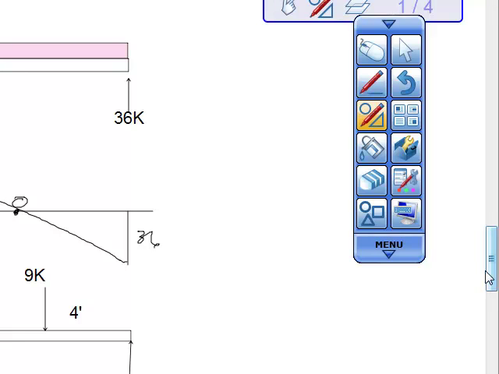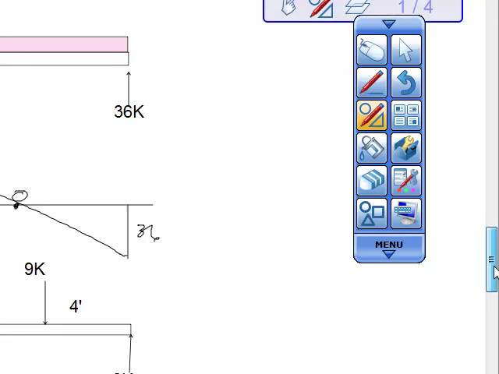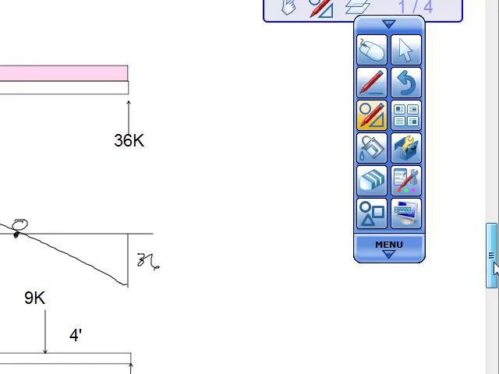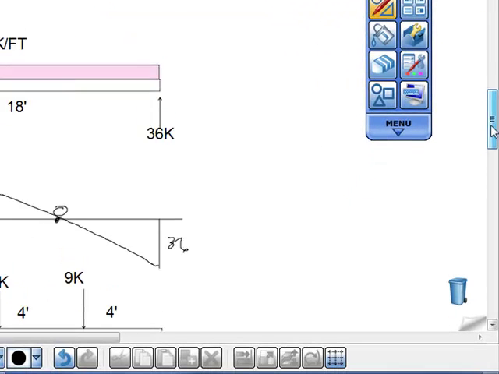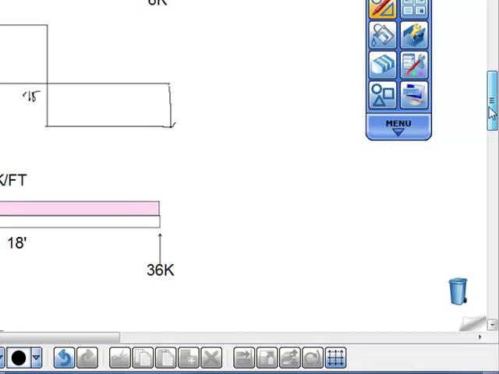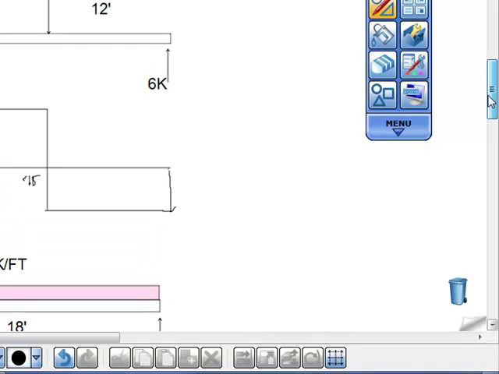So now we'll go back on these and show the moment. Let's see if I can do this in a different color.